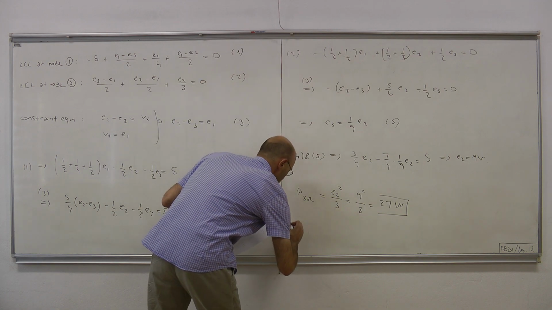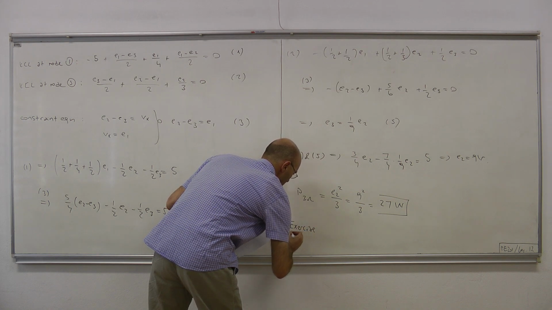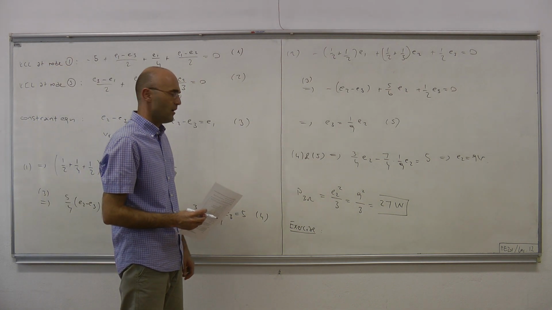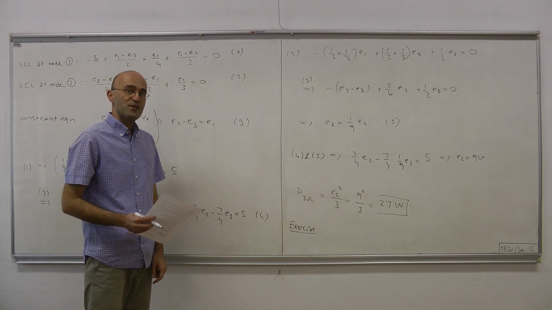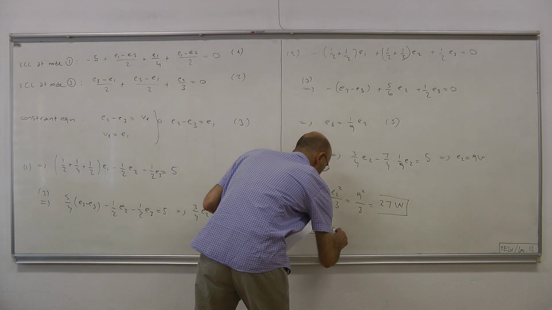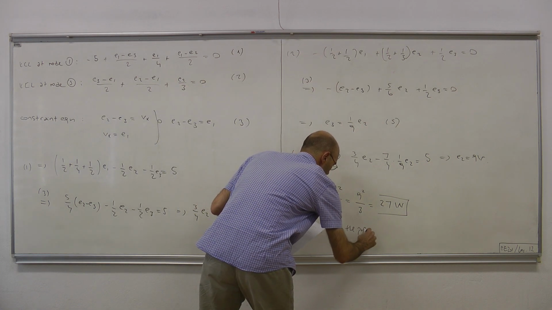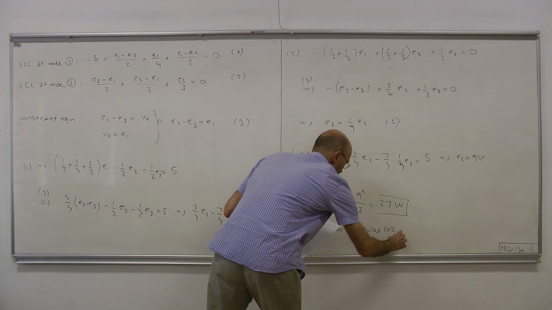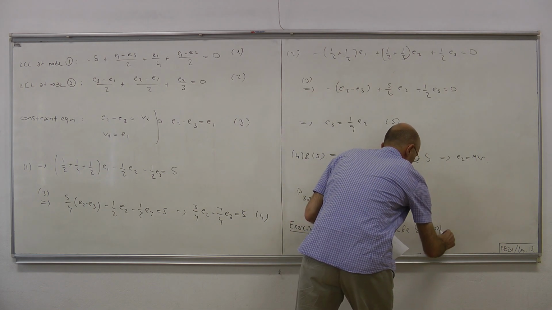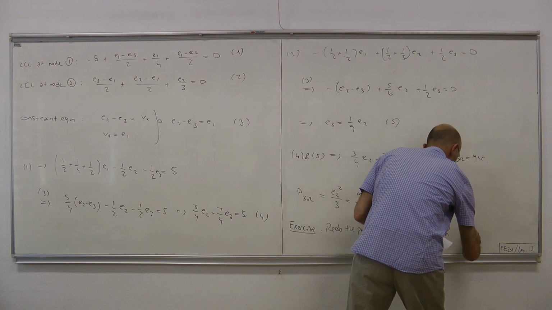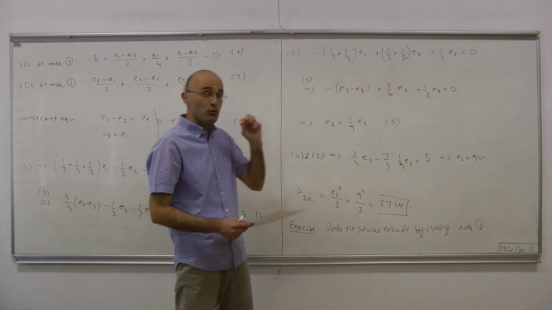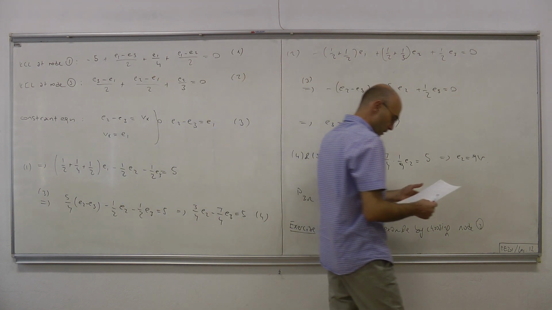Okay, let's move on to the mesh analysis method. But I suggest for those of you who have time, as an exercise, to redo the previous example, this time choosing a different ground node: node 3, the node to which we assigned E3 in the previous labeling, as ground.